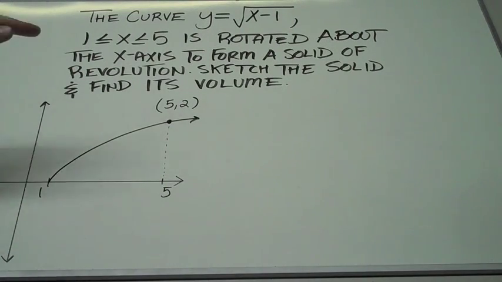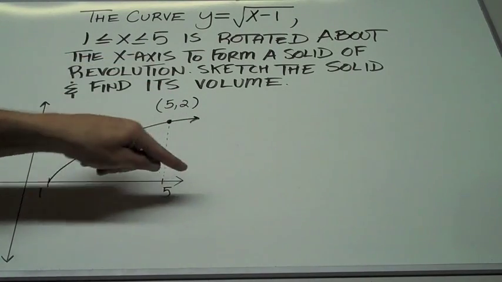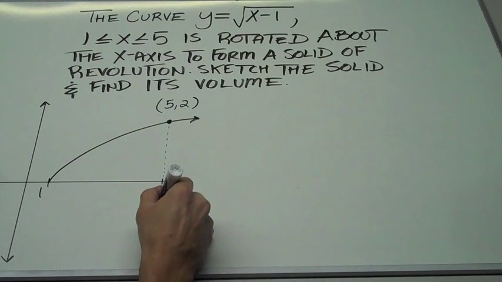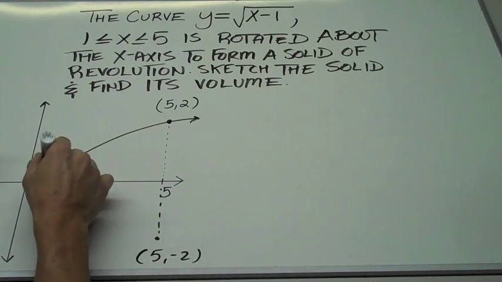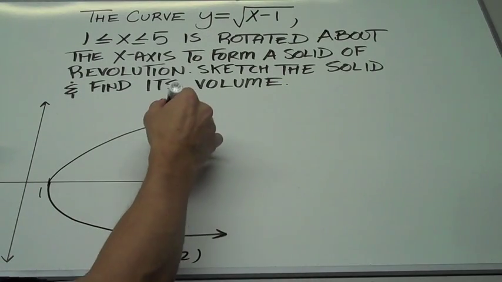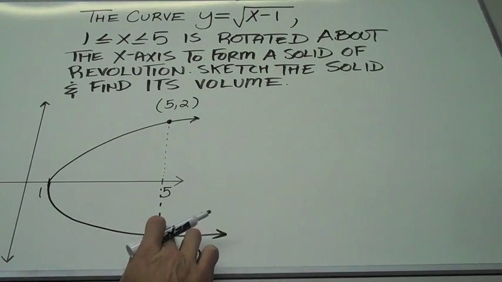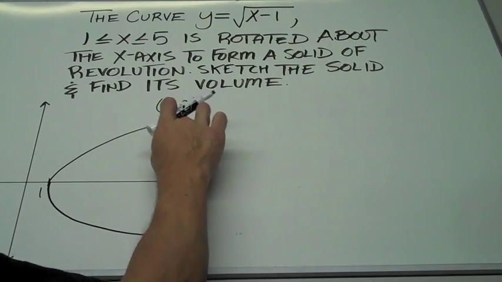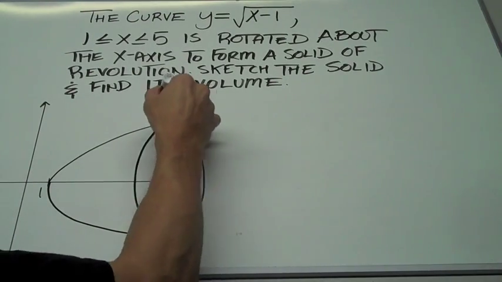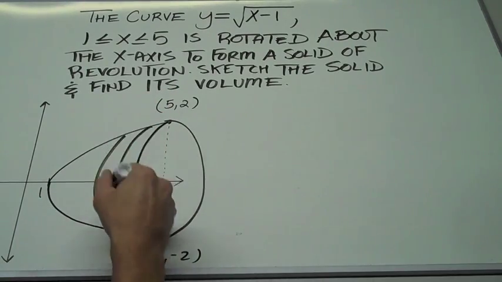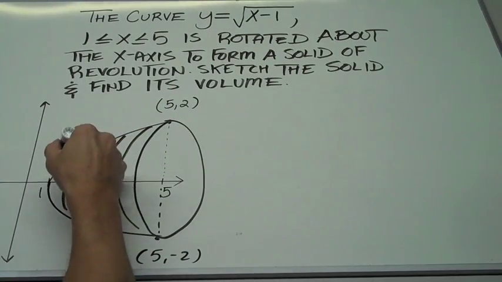Well, if I rotate that around, obviously it's going to go through 5, negative 2. So down here at 5, negative 2, I'll get my second point, and if I'm just considering this part here, I can erase that, and I can erase that. If I'm rotating this solid, I'll get something that looks like this, and it'll be a nice 3D solid of revolution.